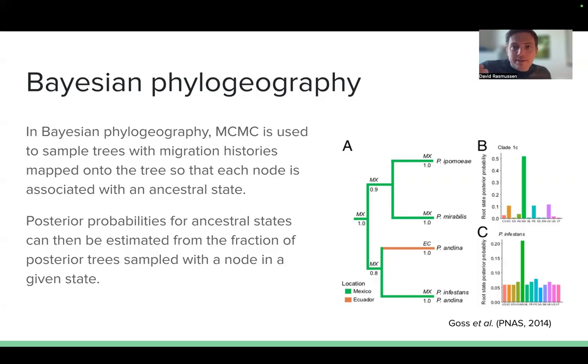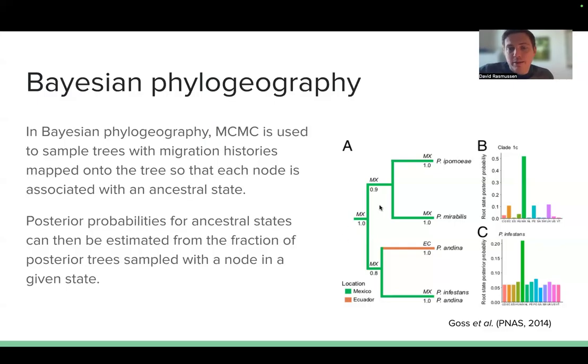And this is nice because then if we continue to sample trees and their associated reconstructed states in our MCMC chain, what we'll wind up with is a set of trees with ancestral locations that we can use to infer the posterior probability of a lineage being in any given location.